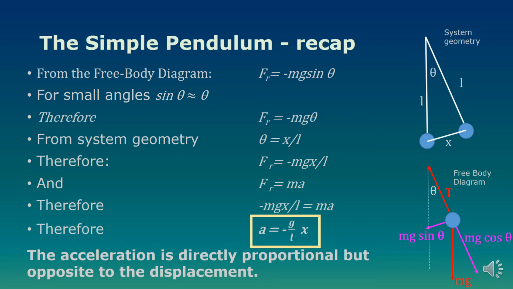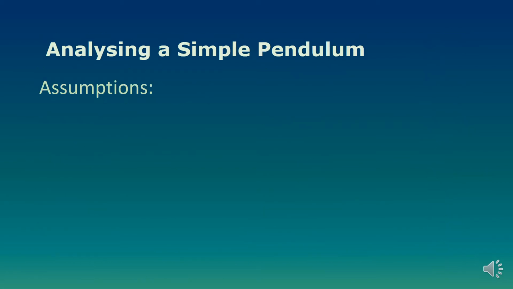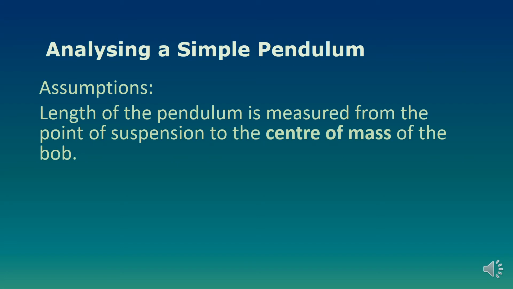So again, it was acceleration directly proportional to, but in the opposite direction to, displacement. But the key thing here is how that relates to our general equation, similar to what we did with the mass spring system. Always worth just ensuring that we know what assumptions have been made.